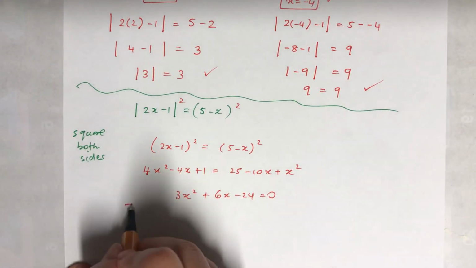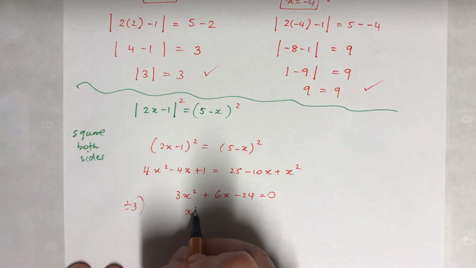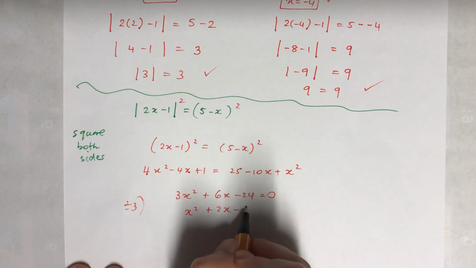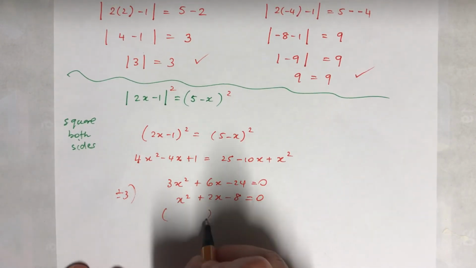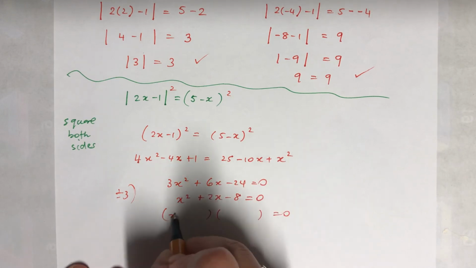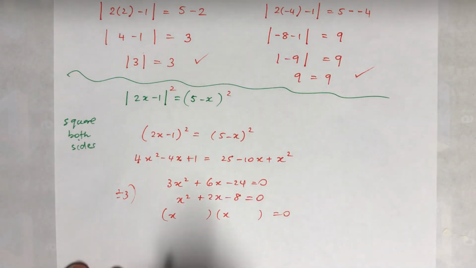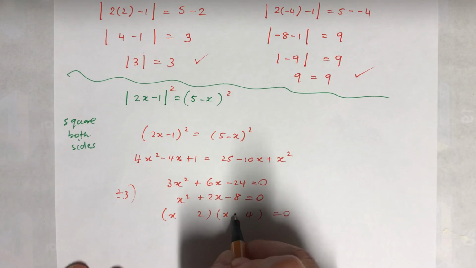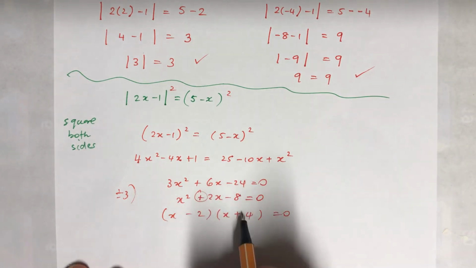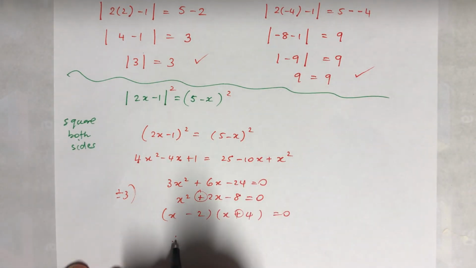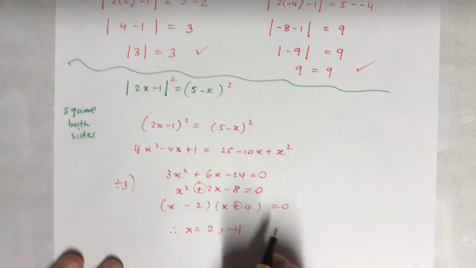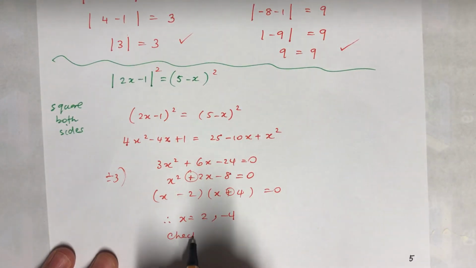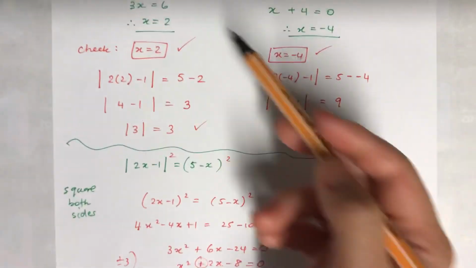Then I divide by 3 and factorize it because it's a monic, easy. That gives me 2 and 4, plus minus. So x equals 2 or minus 4, but check and it will be the same as this.